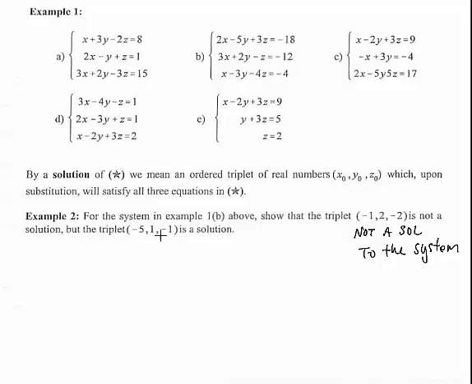So what about this next triplet? I shouldn't have erased that, but we've got a 2 minus 5 plus 3 equals negative 18. And we want to check a different set of numbers, negative 5, 1, and negative 1.